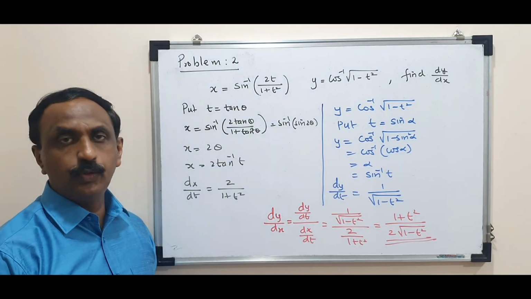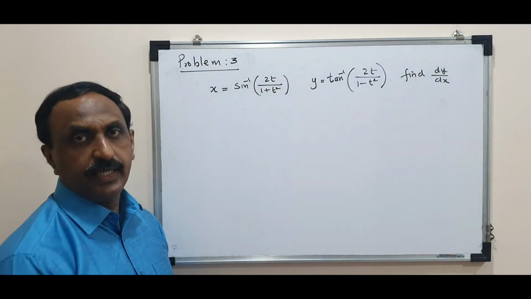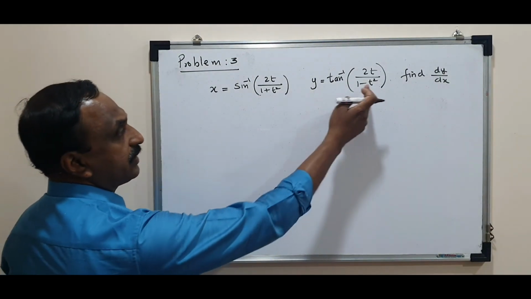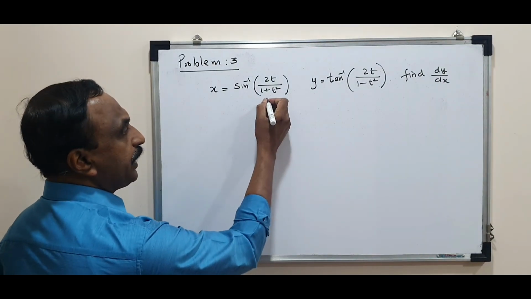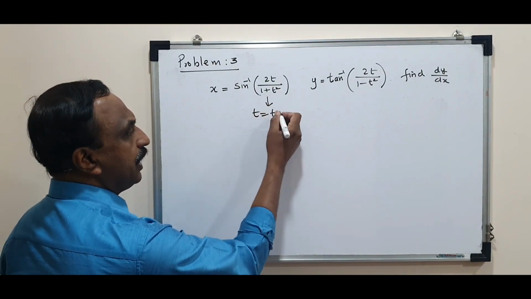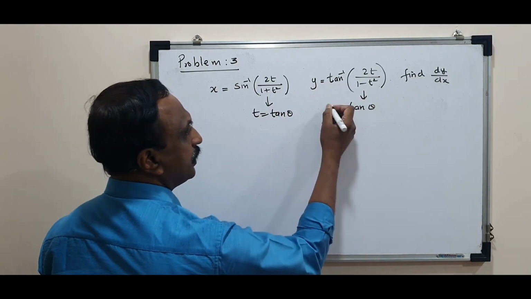Now the next problem I'm going to take is where both these functions are the same, what to do. Now I've written another function where you notice that the substitution in both functions will be the same. So I need to put t as tan theta here and also t as tan theta here.